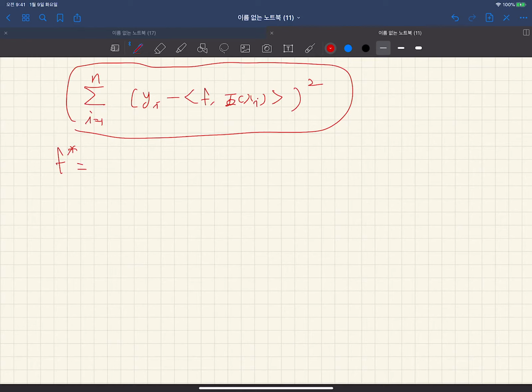With the kernel trick, the dimension of the φ function is very high, even infinite in some cases. So it is very difficult to define f star in a unique way, since φ(xi) has infinite dimension, so there are a lot of solutions f star that make the value 0.